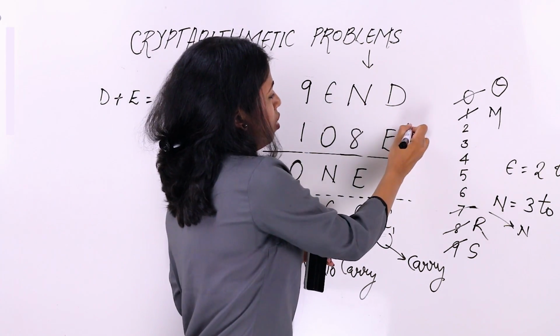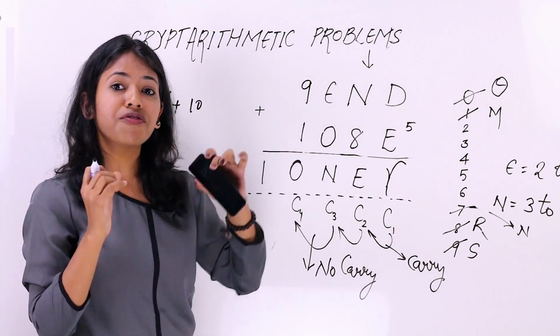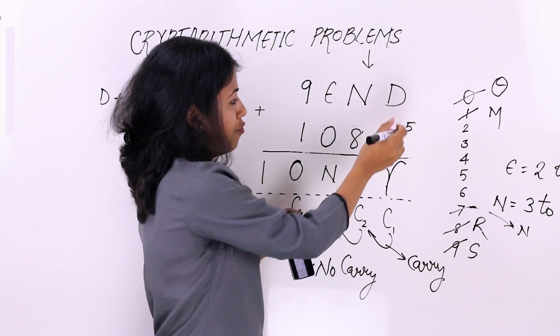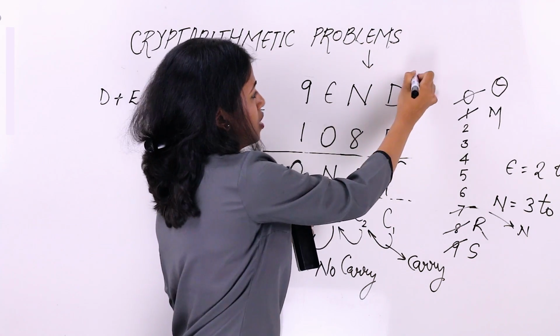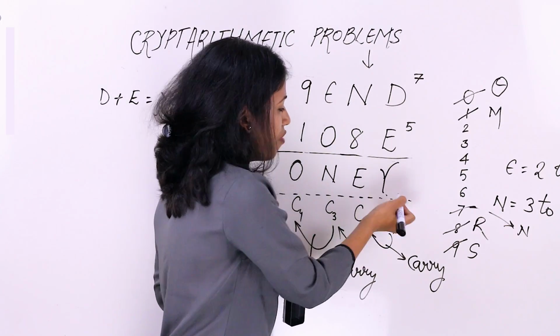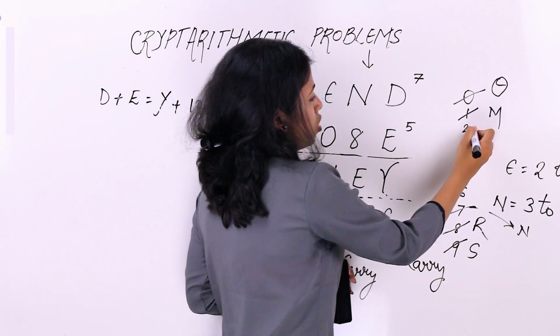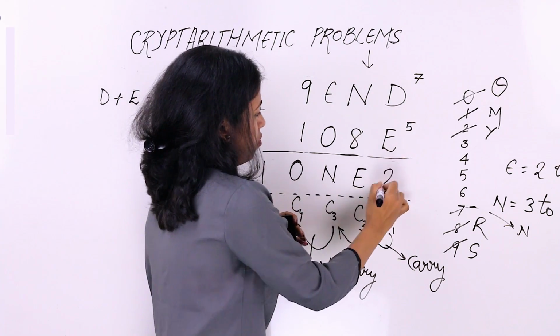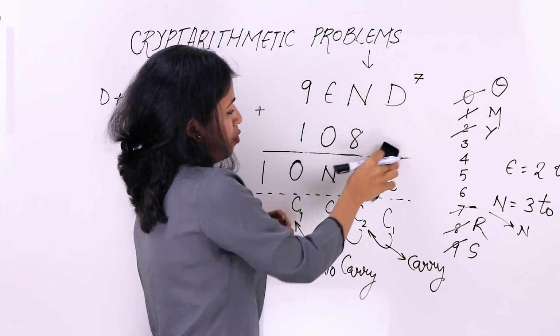Now, going back to our result wherein we found that 5 actually holds good. E, if it is taking the value of 5, D will take the value of 7, which gives the sum as 12. So Y value will be 2. So Y is 2. E will be replaced with 5.